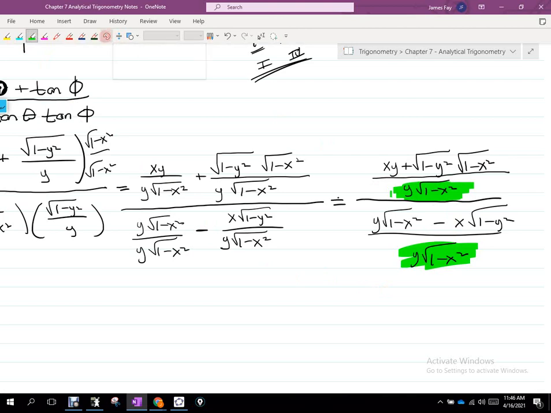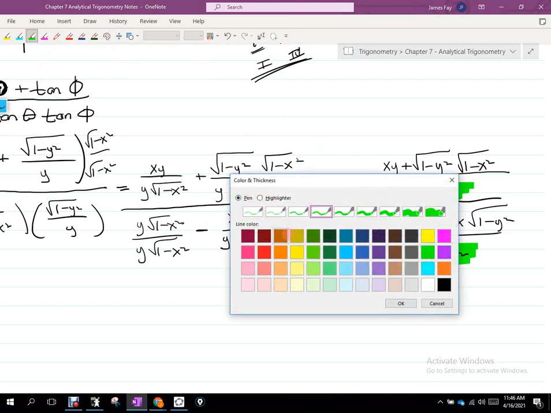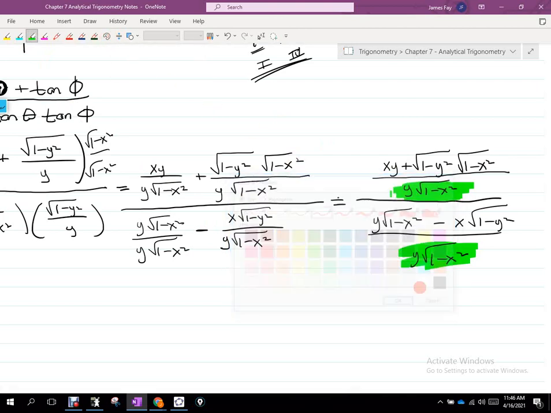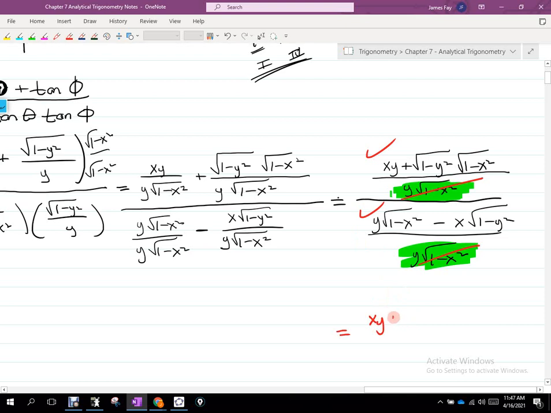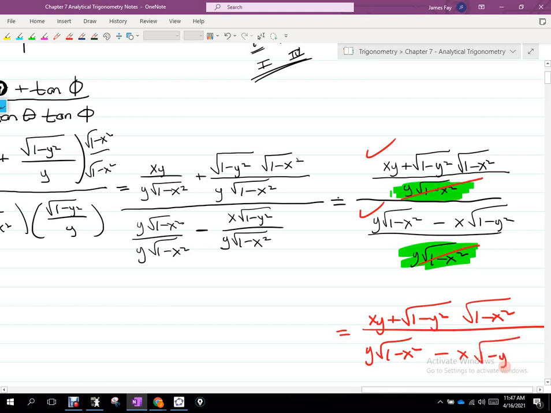So when they're the same, because of how we solve compound fractions, we would multiply by this one's reciprocal, right? What that's going to do is effectively just cancel those out and leave you with this numerator over that numerator, but this numerator then becomes the denominator of my answer, right? So I then get xy plus 1 minus y squared root 1 minus x squared all over y root 1 minus x squared minus x root 1 minus y squared.